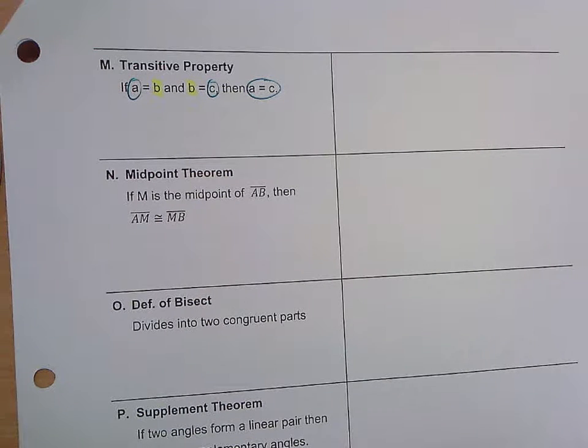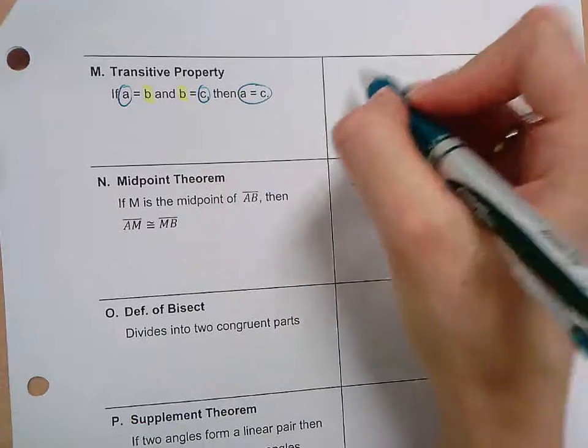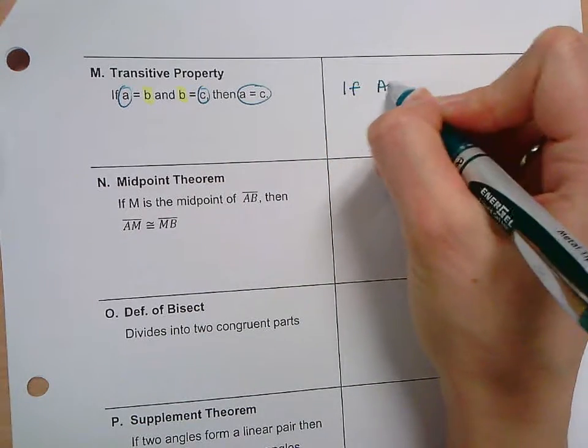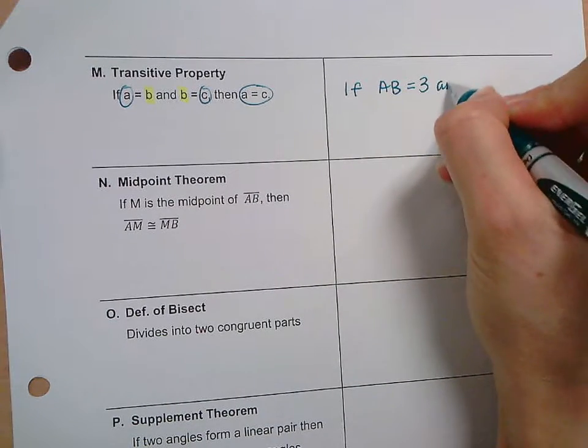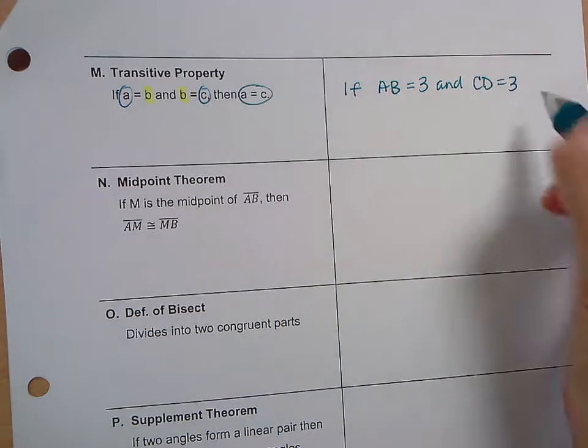I'm going to try to put a geometry example of how you would see this. So I could say if AB is equal to 3 and CD is equal to 3.